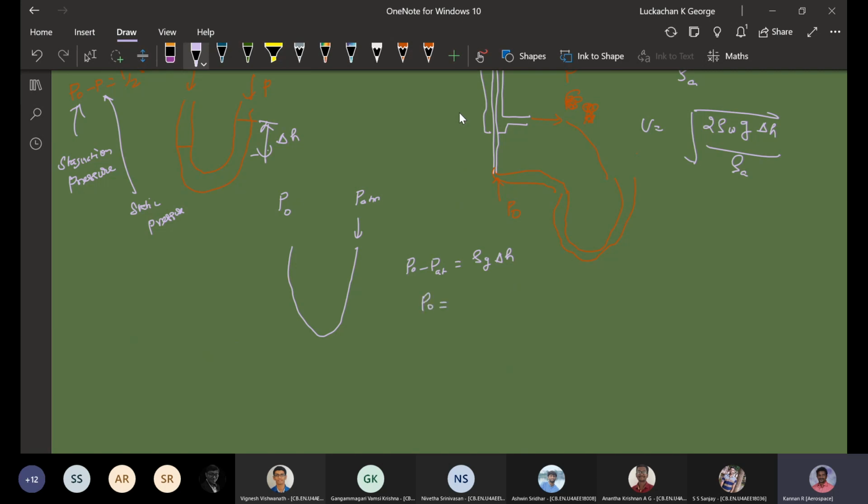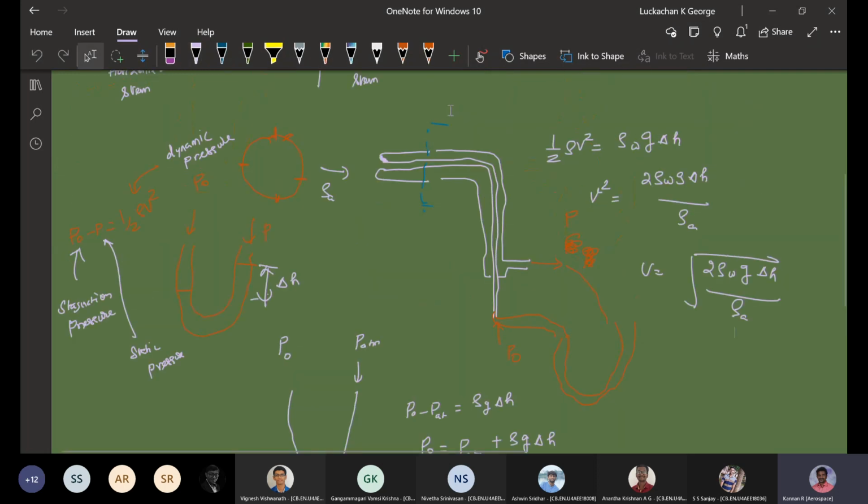So your P naught is equal to P atmospheric plus your rho G delta H. Same way, if you want to measure your P static, accordingly you can measure your P static also. Instead of P naught, you can put a P static and calculate it.